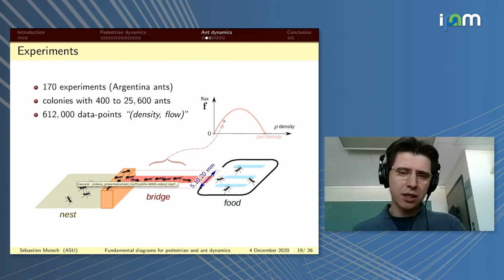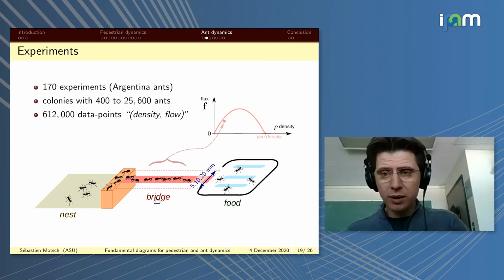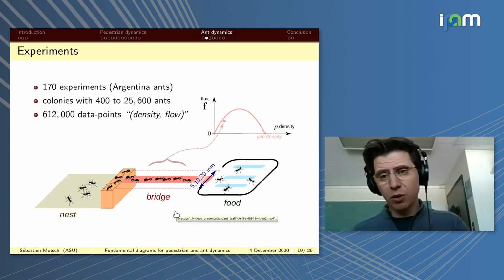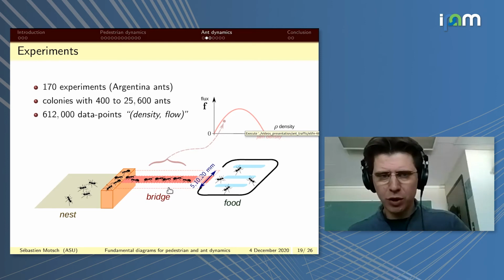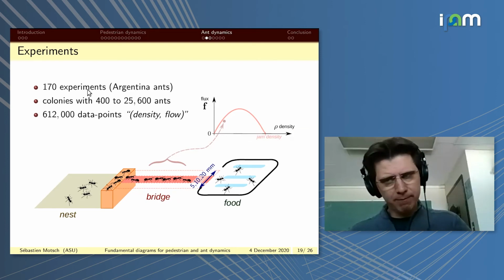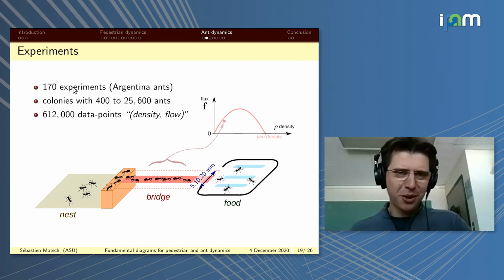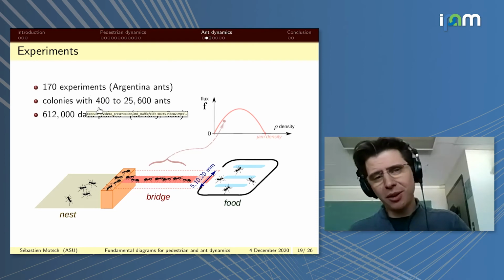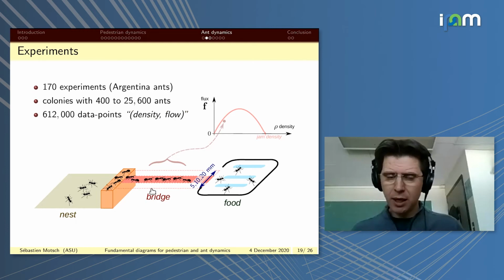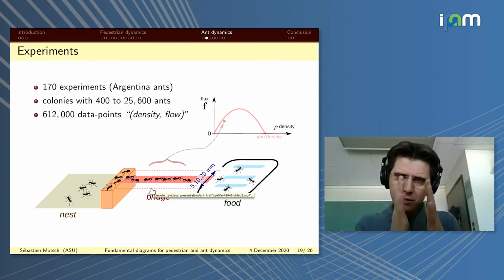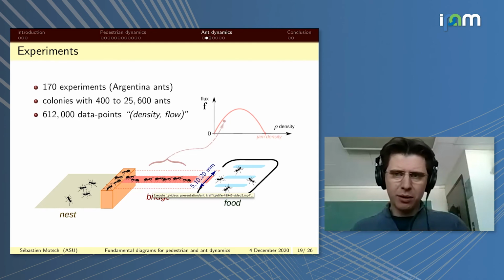The key here is to analyze the fundamental diagram, density and flux, on a very specific region. Again, we try to do things in 1D, so just on this bridge. They ran a lot of experiments, varying the size of the colony to have a massive number of ants, but also the size of the bridge, because if you want high density, you can just reduce the size of the bridge.